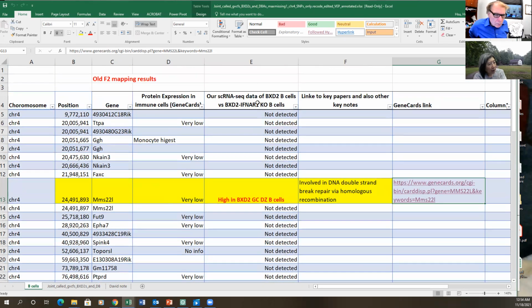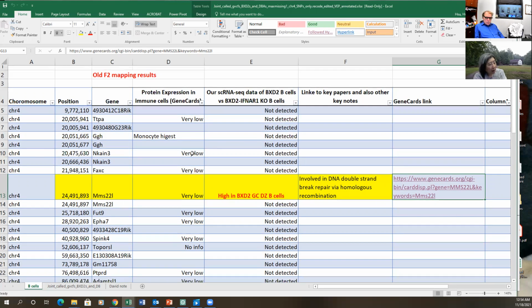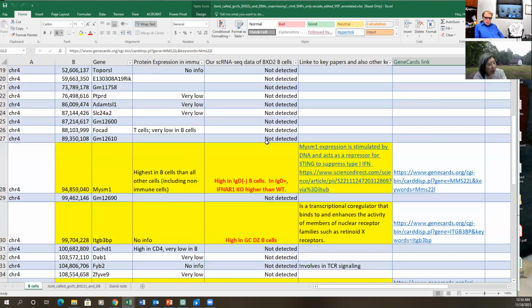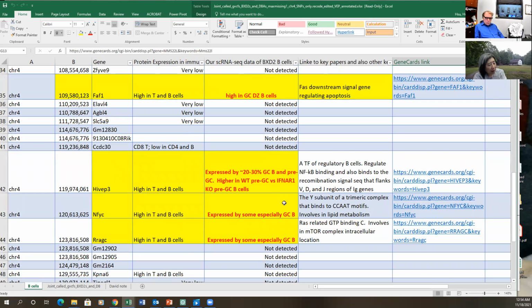And the next information I have is based on our own observation from our single cell RNA sequencing data, between BXD2 B cell versus the BXD2 interferon receptor knockout. You go through the list again, and many of them are not detected.